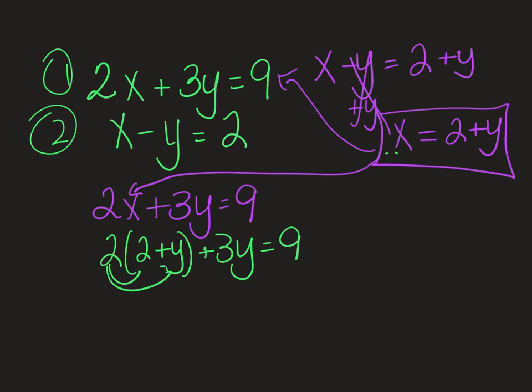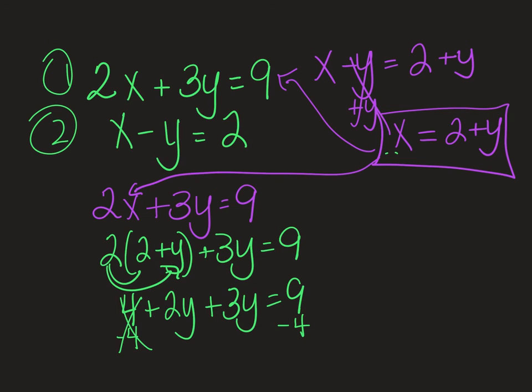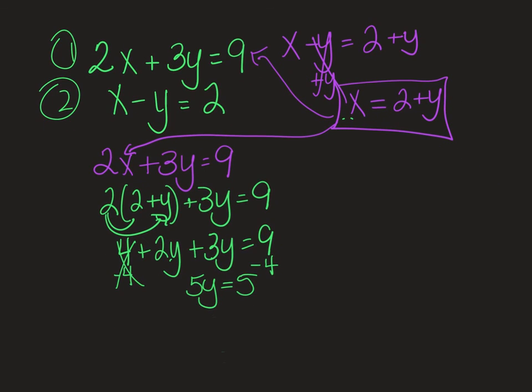Distributive property going on here. 2 times 2 is 4, plus 2y, plus 3y equals 9. Now I'm going to move this 4 over through its inverse operation. So 2y plus 3y is 5y equals 5. Divided by 5, divided by 5, y equals 1.